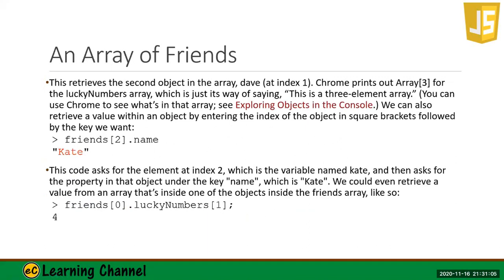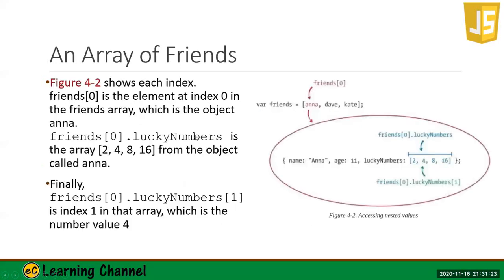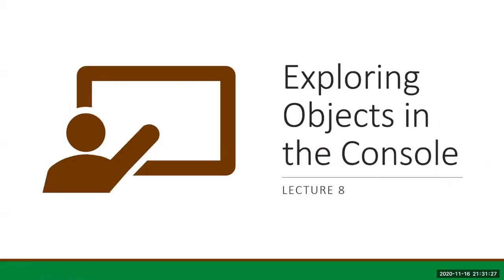So you can mix the array notation and the data field notation to access the data. You do friend 2, and then brackets, double quote name. I think it should still work. So that's an array of friends.